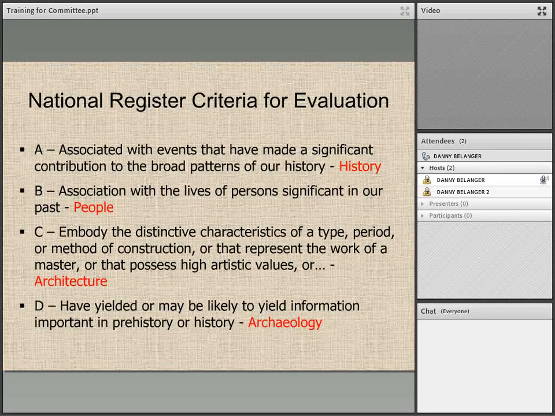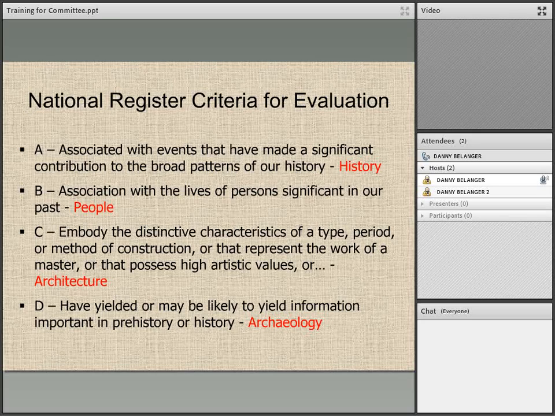There are 4 criteria for evaluation. You'll get very familiar with these. Criteria A is associated with events that have made a significant contribution to the broad patterns of our history. So we normally just say criterion A for history. Criterion B, association with the lives of persons significant in the past. So B is associated with people.